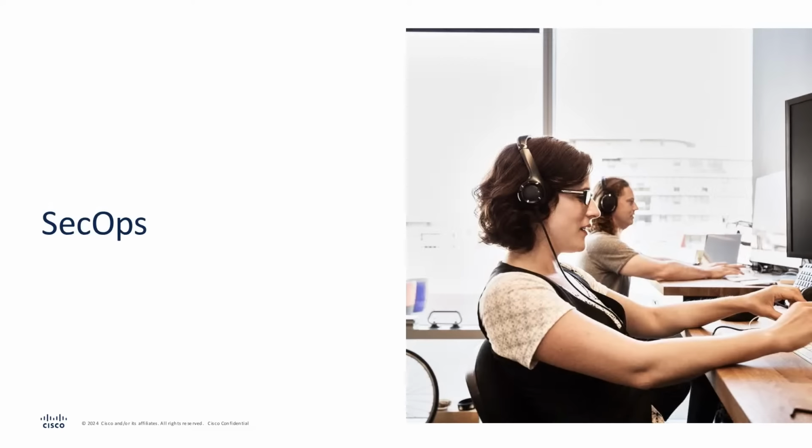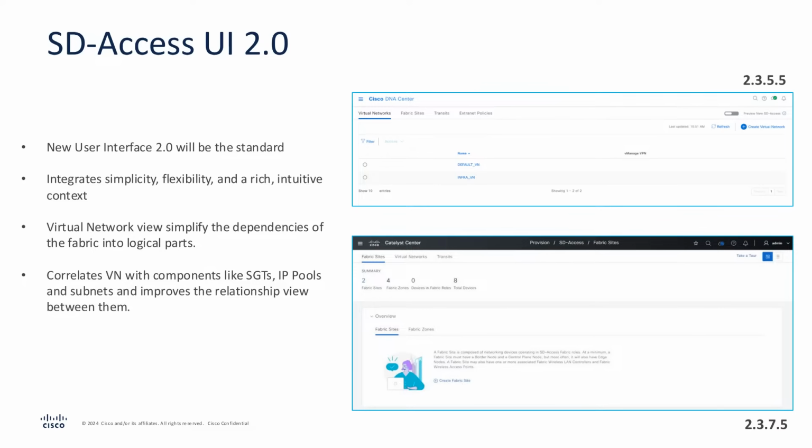All right, SecOps. So again, these are some items that we've discussed before, but we have a new UI for the SD Access user interface. This will offer you a simplified and intuitive user experience. You now have a virtual network view that will show you your fabric dependencies, and will also correlate the VNs with components like the SGTs, the IP pools, and the subnets.